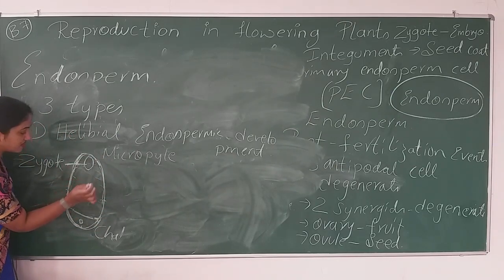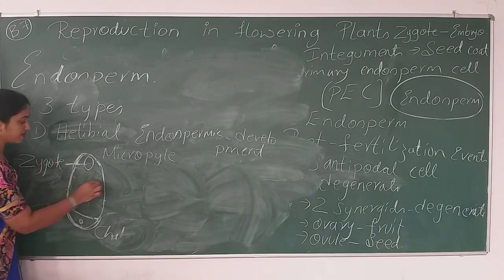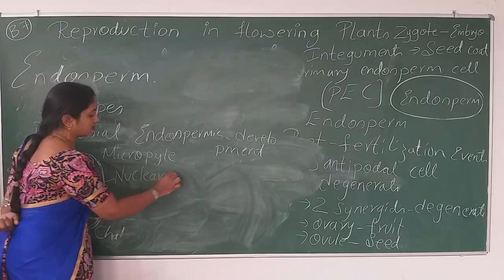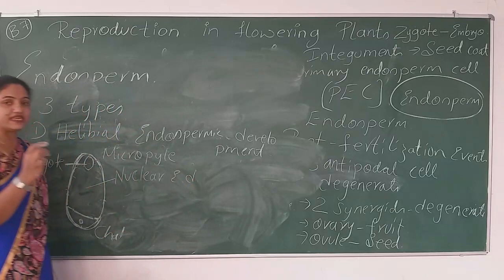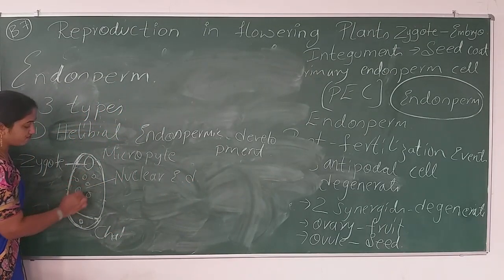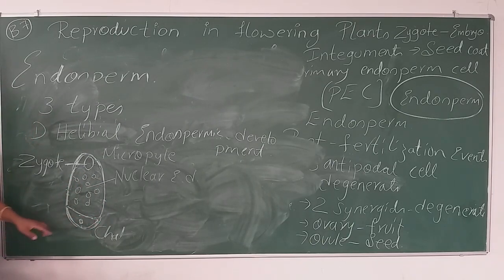In the helobial endospermic development, in this part nuclear endospermic development takes place, where it will have a number of free nuclei, and at the terminal position, the basal embryo sac or embryo cell, the cellular type of development takes place.